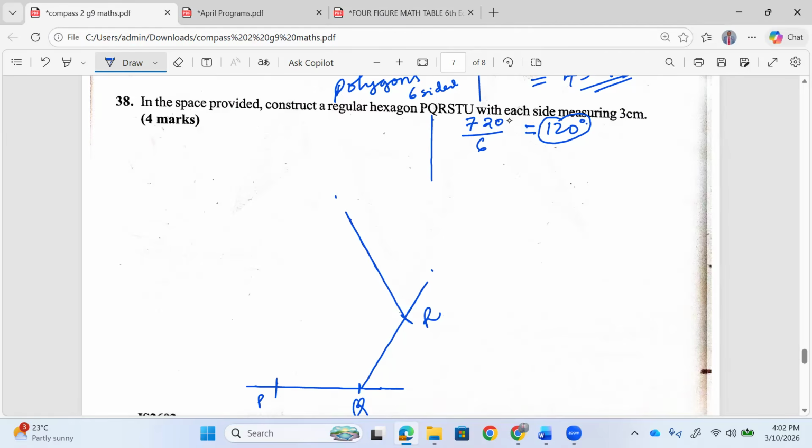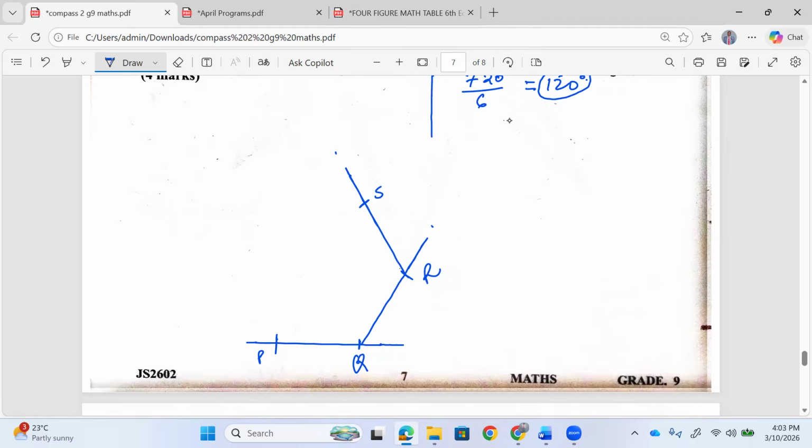Then along that line where you've measured your angle of 120, you measure 3 centimeters. After R, we go to S, 3 centimeters, just like that. Then from point P, you can also measure 120 on the inner side. The lines can just meet at some point.